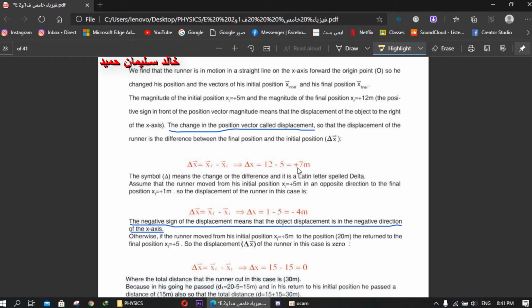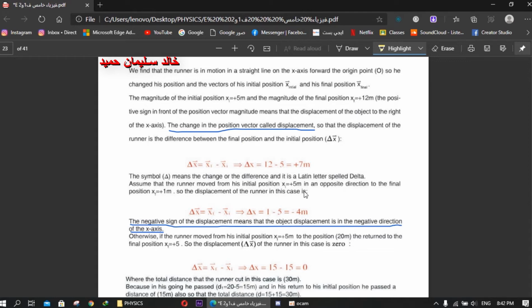Plus means we are moving in the positive x direction. The change in position vector is called the displacement. The displacement is also a vector quantity, and it's represented by the straight line between the initial and final position.